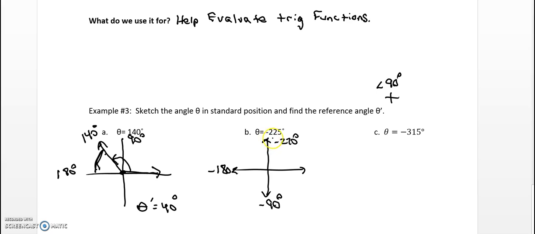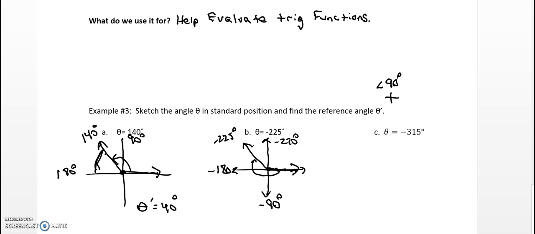So negative 225 is between negative 180 and negative 270. My initial side is here, and the angle is going to end up here somewhere, going in the negative direction, like that. And so this is negative 225.